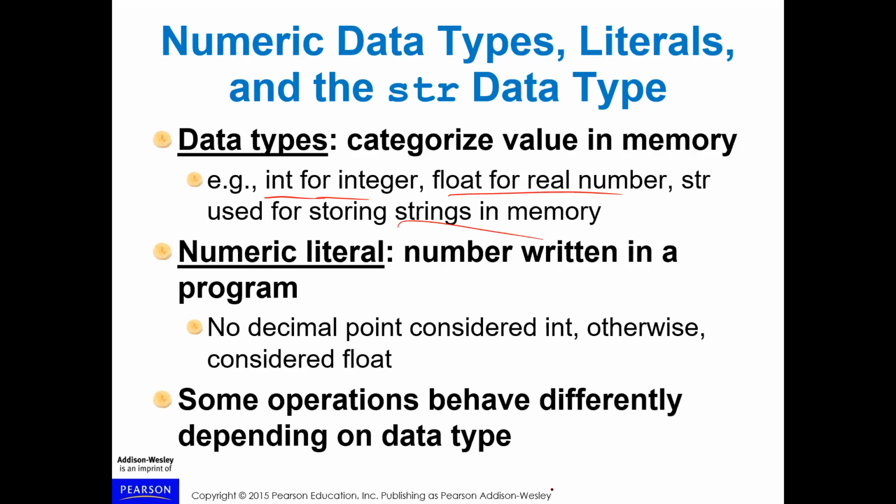Some operations do behave differently depending on the data type. For instance, let's say A equals hello with a space, B equals world, and then C equals 7 and D equals 3.